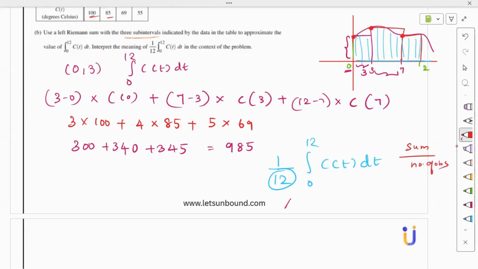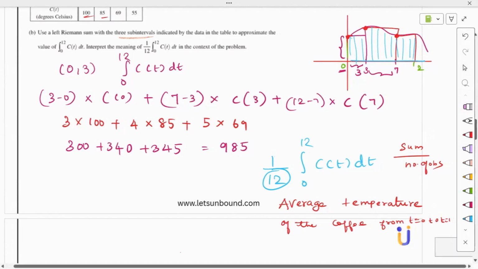In this context, we can say it's the average temperature of the coffee over the time from t equal to 0 to 12. We are calculating the average temperature. Hope it's clear.